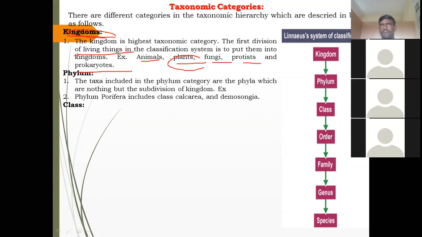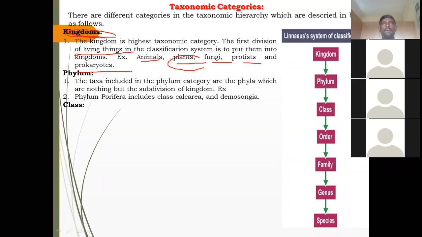Next one, that is very important, phylum. The phylum is a taxa included in the phylum category, or the phyla, which are nothing but the subdivision of kingdom. For example, after the division of animals, you can separate out the animals, only animals. You can separate out fungi, you can separate out plants, protists, and prokaryotic organisms.